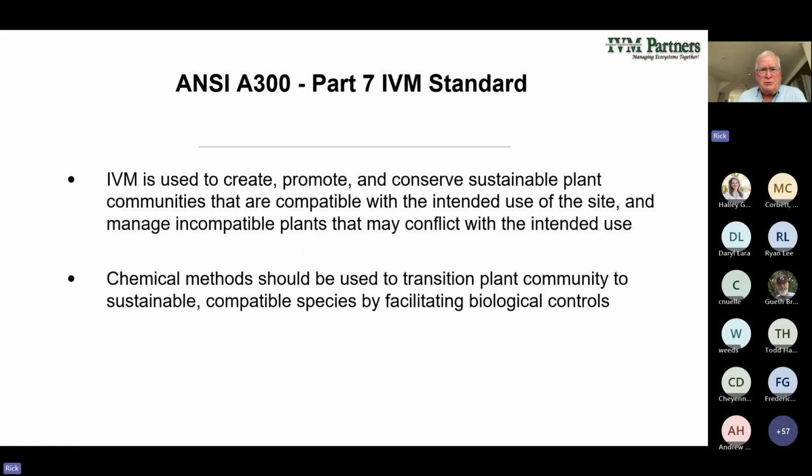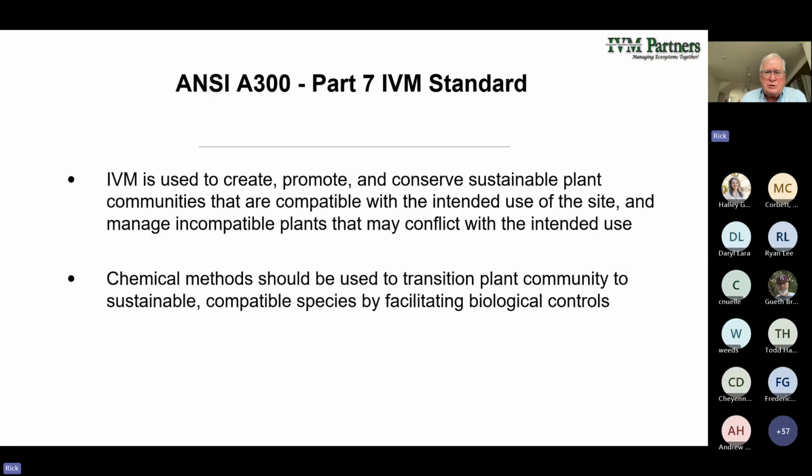The ANSI standard, which is a consensus standard between industry and the public agencies, is that integrated vegetation management is what we should be doing to promote the compatible species and then manage those plants so we don't have the conflict. And they actually state that chemical methods should be used to transition the plant community to those sustainable compatible species, which then facilitates biological controls.